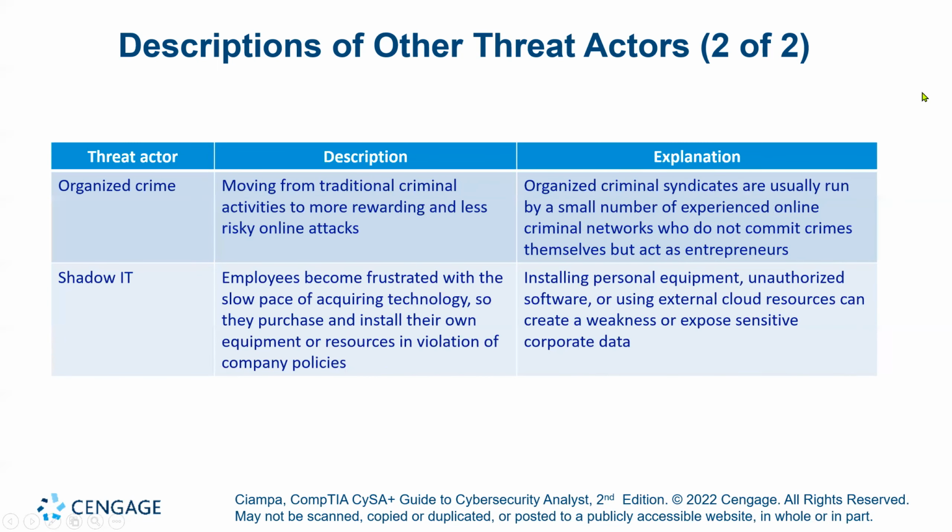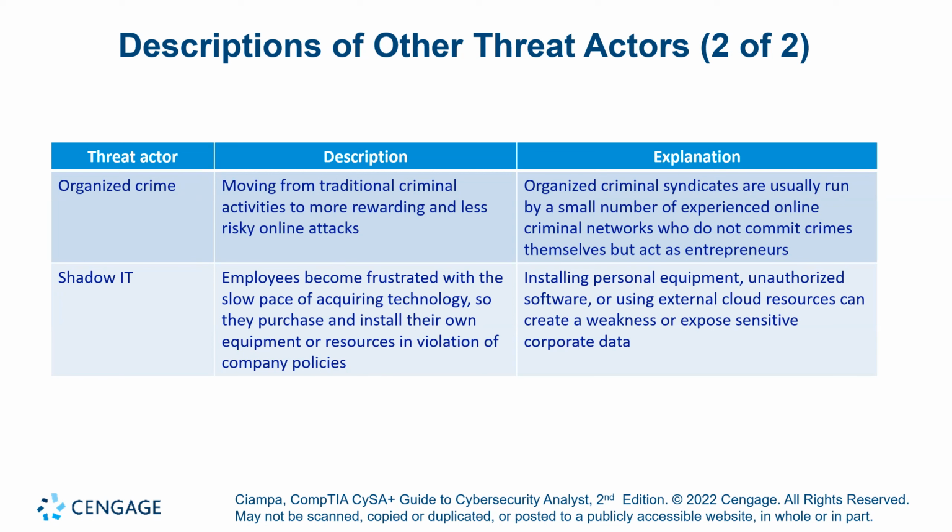Organized crime, moving from traditional crime activities to more rewarding and less risky online attacks. Organized criminal syndicates are usually run by a small number of experienced online criminal networks who do not commit crimes themselves, but they act as entrepreneurs. Basically, they have the ideas, and then they hire other people to do it for them.